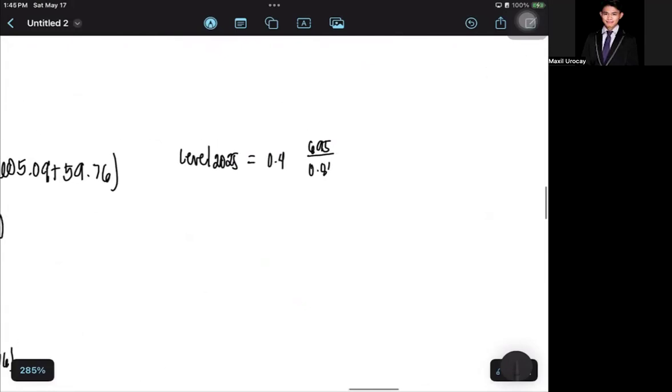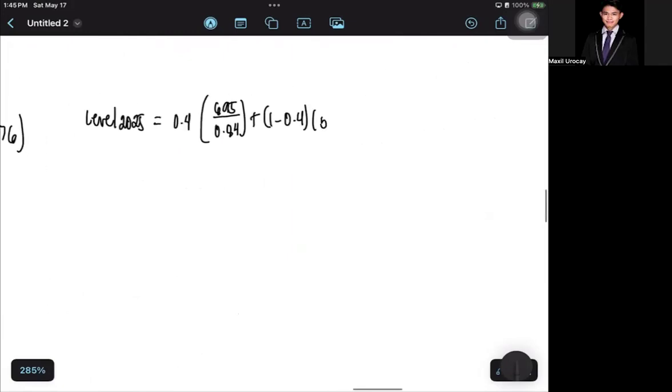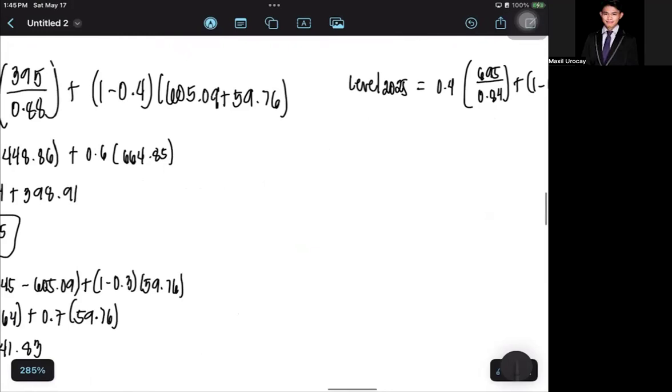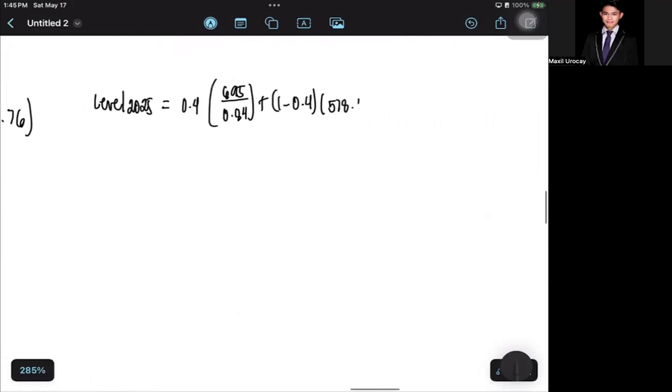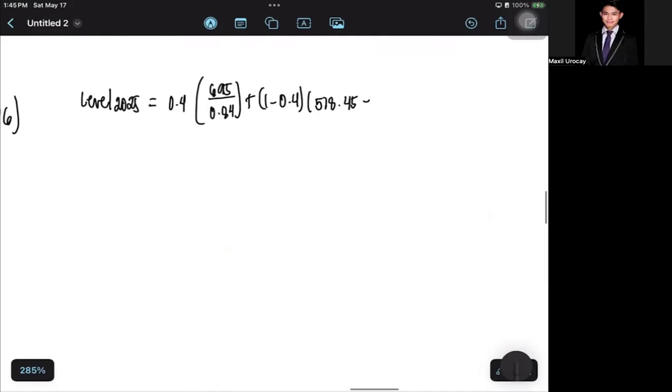Plus the parameter 1 minus 0.4, and then times the previous level, which is 578.45, and then you add that to 33.84. Calculating this, it will become 695 divided by 0.84.